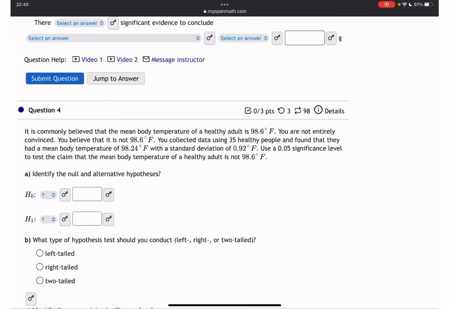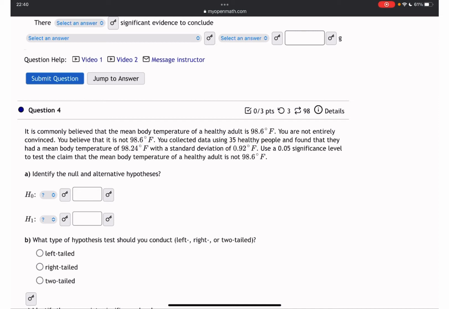It is commonly believed that the mean body temperature of a healthy adult is 98.6 degrees Fahrenheit. You are not entirely convinced. You believe that it is not 98.6 degrees Fahrenheit.